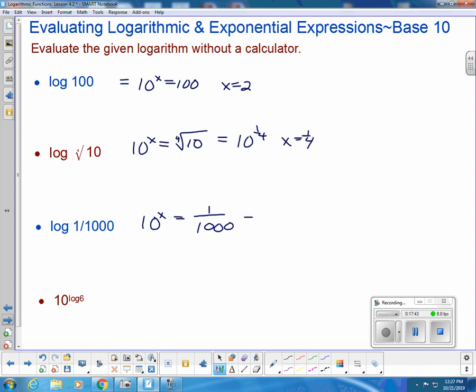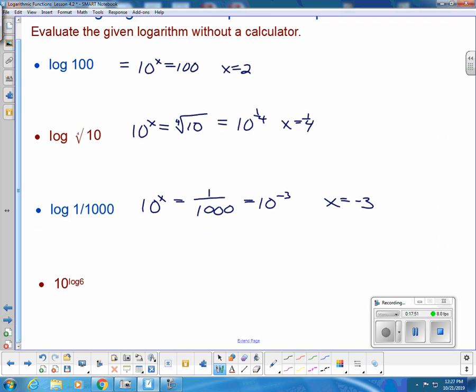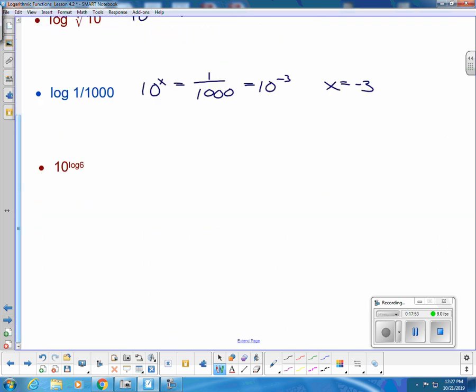This is the same thing as 10 to the -3. So we only want the exponent as the answer. Okay, what's the power? Let's see if you can do this without too much work. This base and the base of that guy are the same, so what's this going to equal? Anyone memorize it from the other slide? I'm going to write it logarithmically. Log base 10 equals log base 10, so x equals 6. Okay.